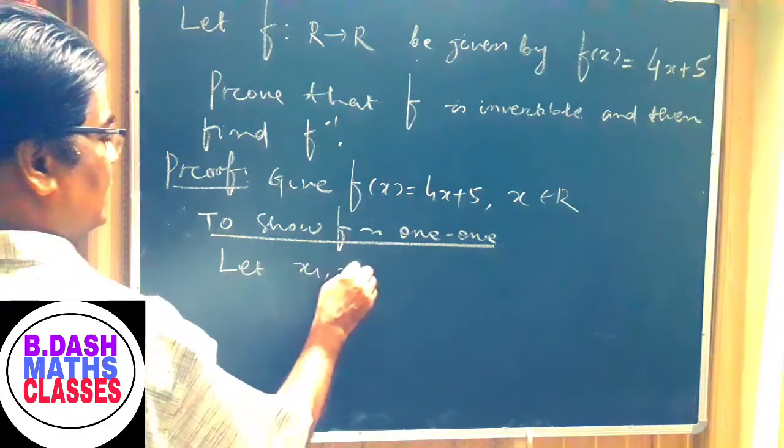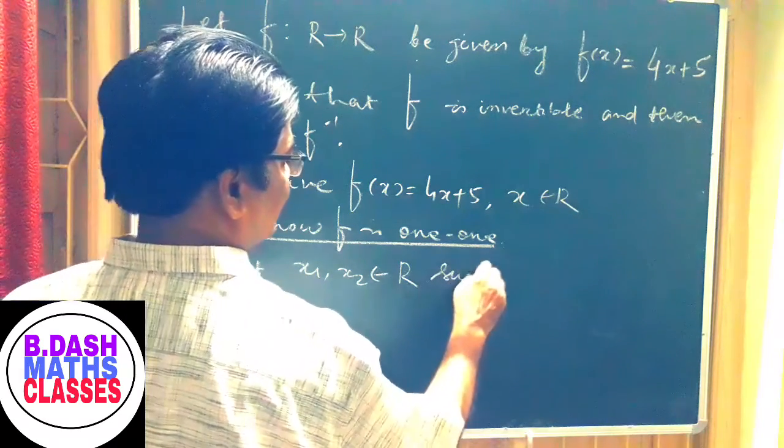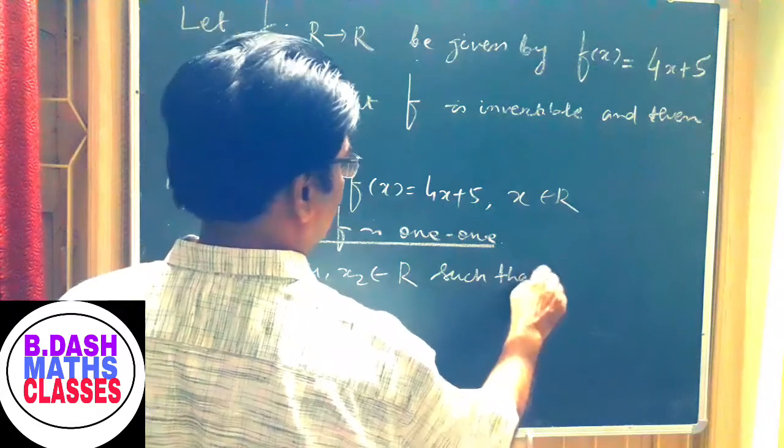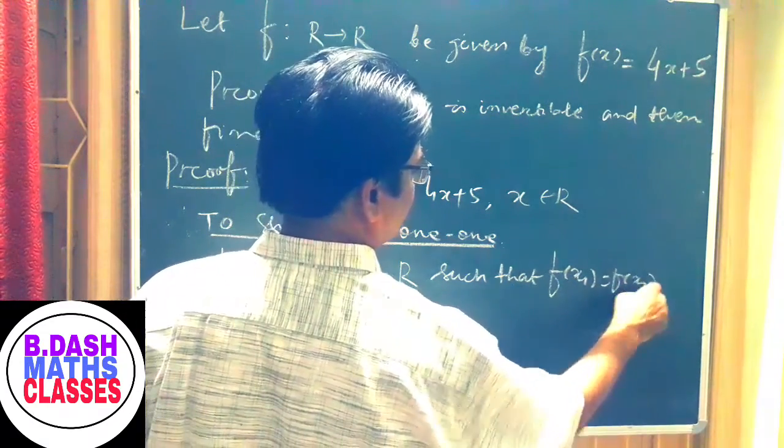Let x1, x2 belong to R such that f(x1) = f(x2).